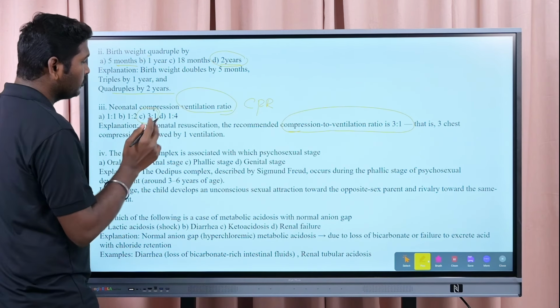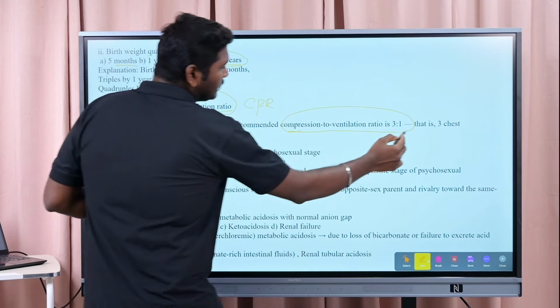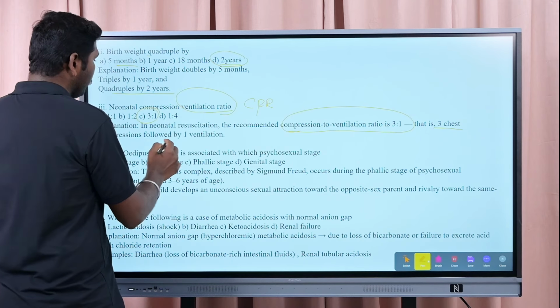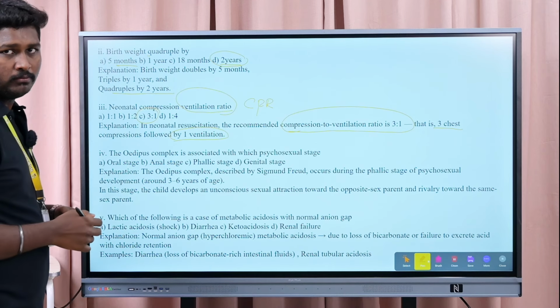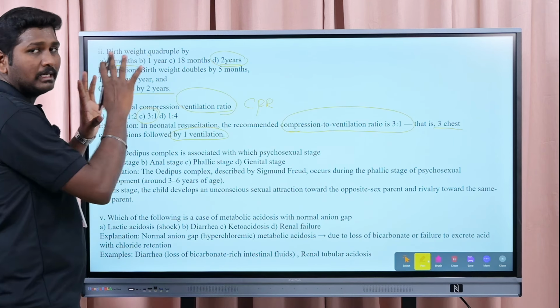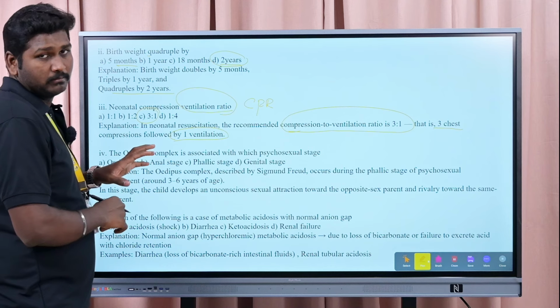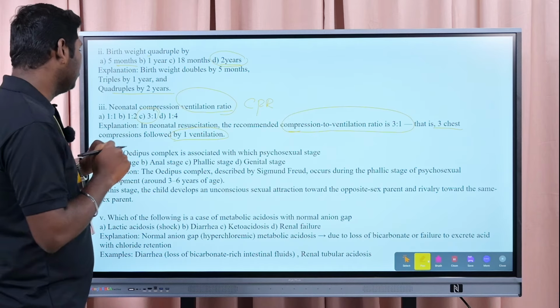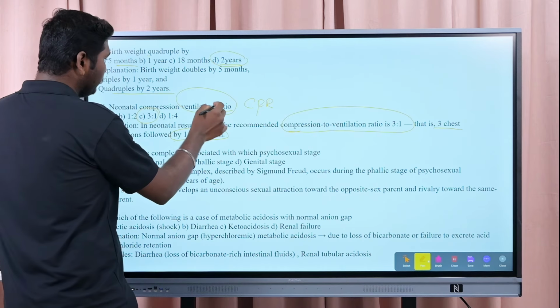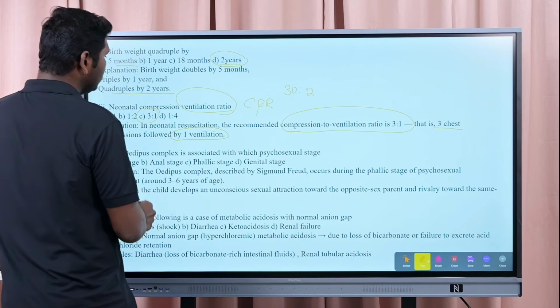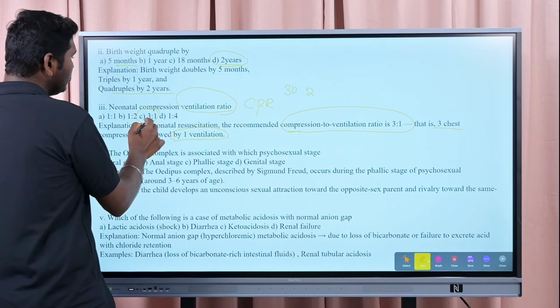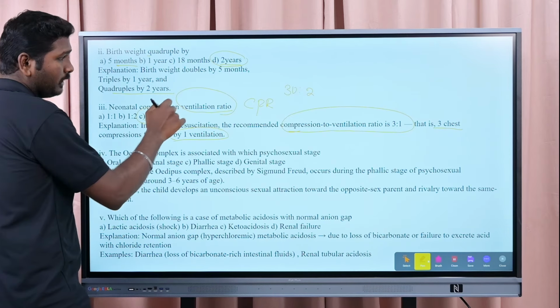What do we mean by that? 3 chest compressions followed by 1 ventilation. In adults it is completely different from pediatrics: 30:2, 30 chest compressions and 2 breaths, whereas in neonates it is 3:1. It is a ratio.